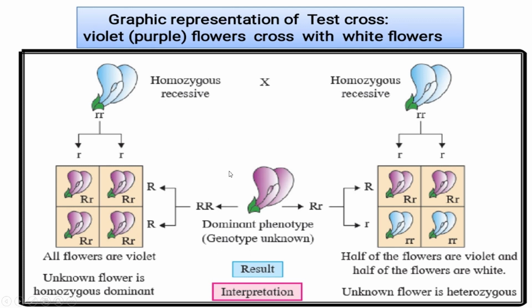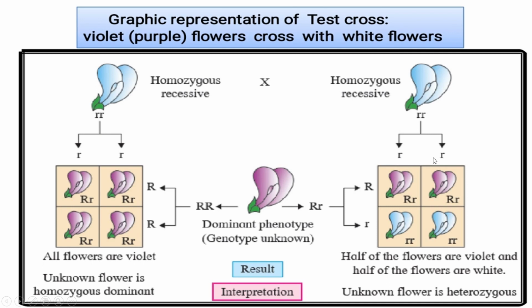So dear students, see here, we start crossing. Graphic representation of the test cross: violet or purple flower crossed with the white flower. These are the small r small r homozygous recessive.